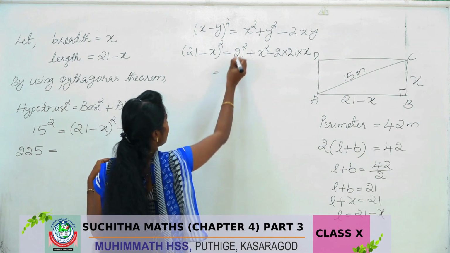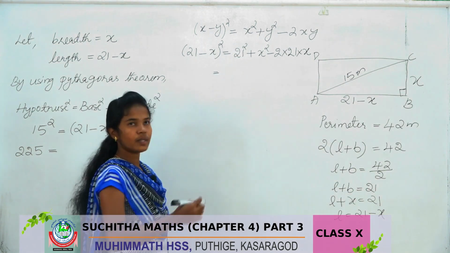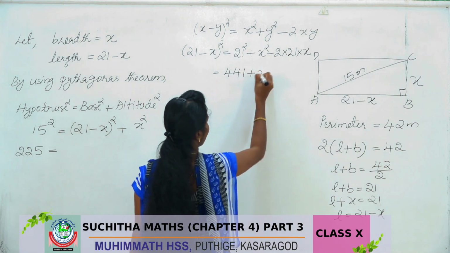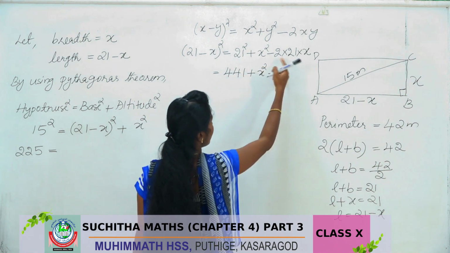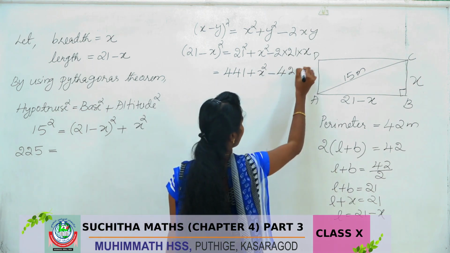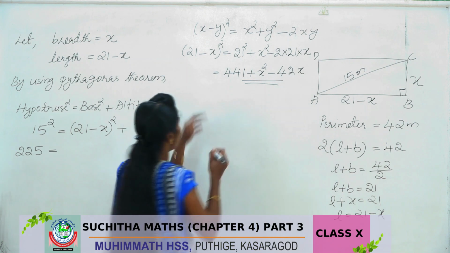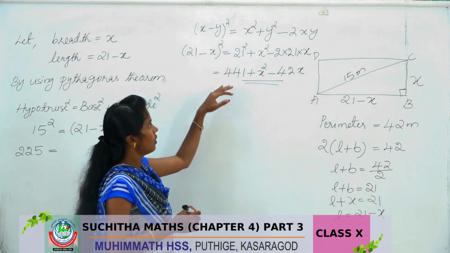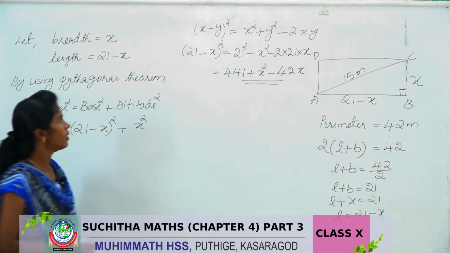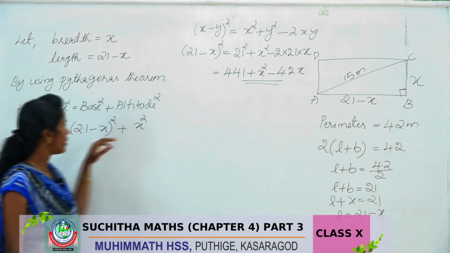That is equal to 21 square. 21 square is 441 plus x square minus 2 into 21, that is 42x. So 21 minus x whole square is 441 plus x square minus 42x. Now apply this value here.